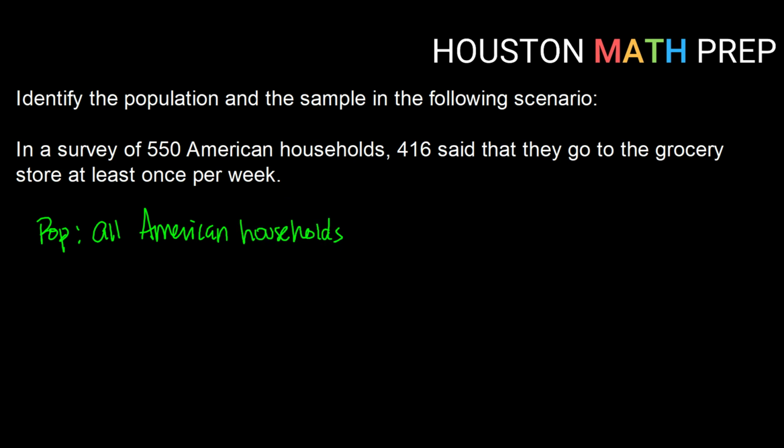But of course, it's not really feasible to talk to all American households, so we have to survey a subset of the American households. So in this case, we surveyed 550 of them, so that represents our sample.